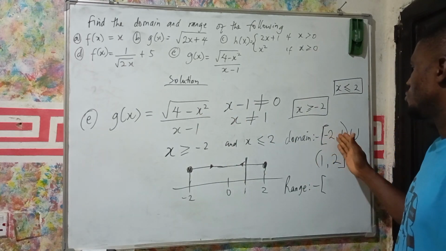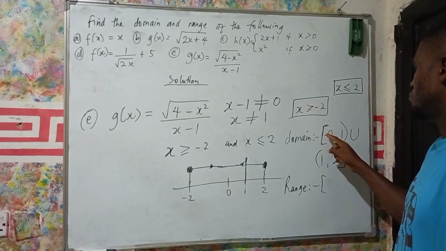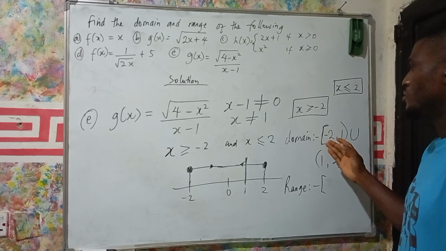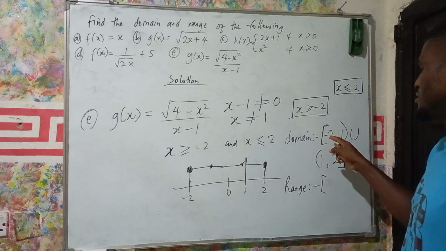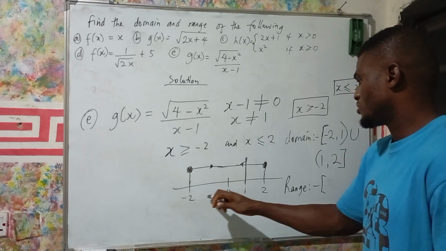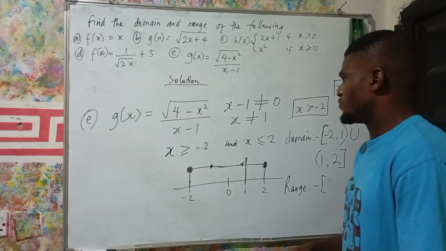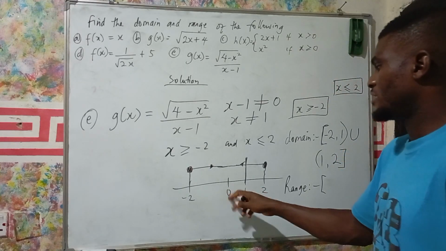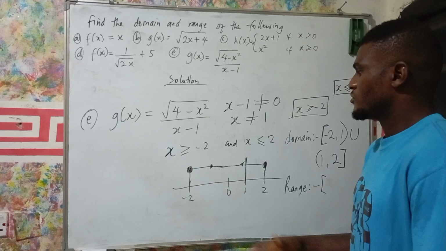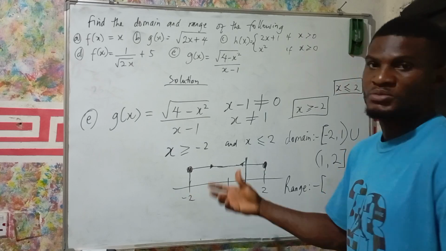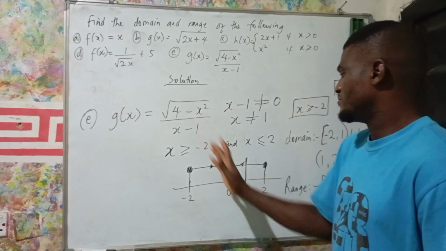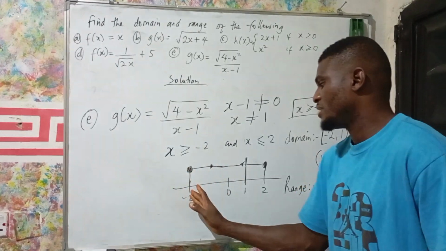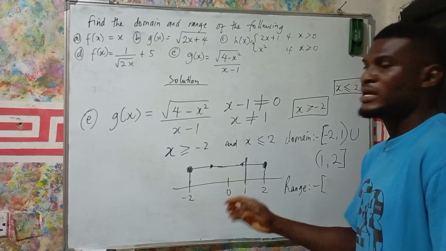But as you're moving towards 1 from minus 2 here, the values that you have would be negative. For instance, if you insert the value 0 here, you find out that the value that you have will be negative. So the values from minus 2 towards 0 to 1 are negative.